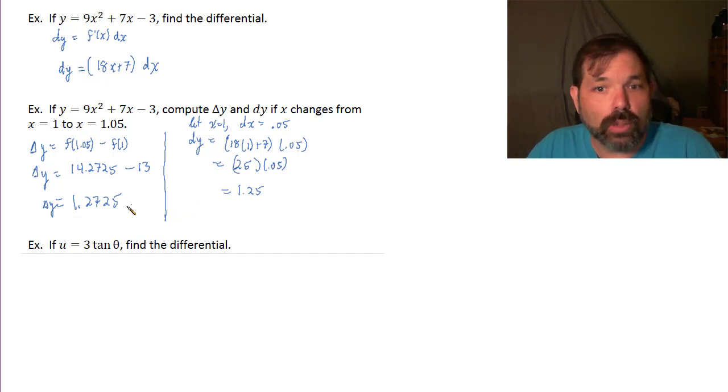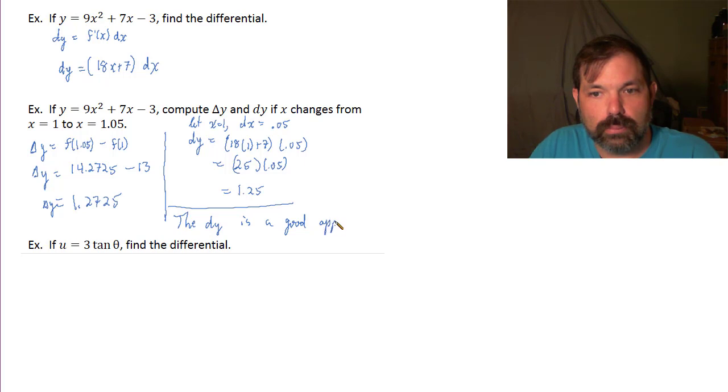It's a pretty good approximation. Note that dy is a good approximation of delta y.